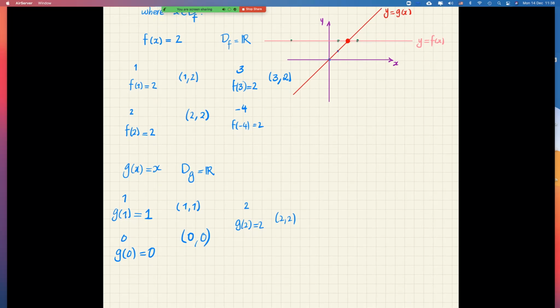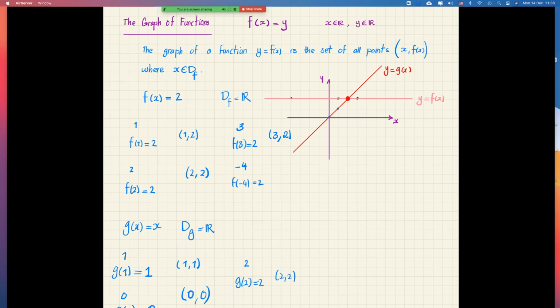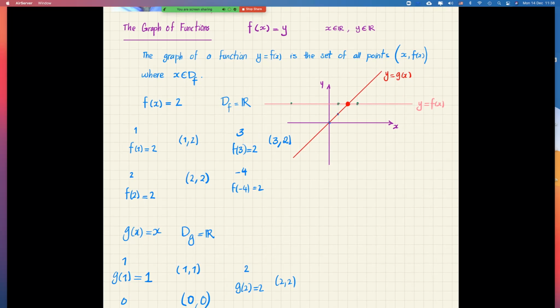You see, this is hard because how should you be convinced? I gave you these 3 points, okay, and it doesn't matter how many points I give to you, I can, for example, draw this graph. This graph is also passing through all those points. But how should I know that the graph of the function is that straight line, not this curly one?